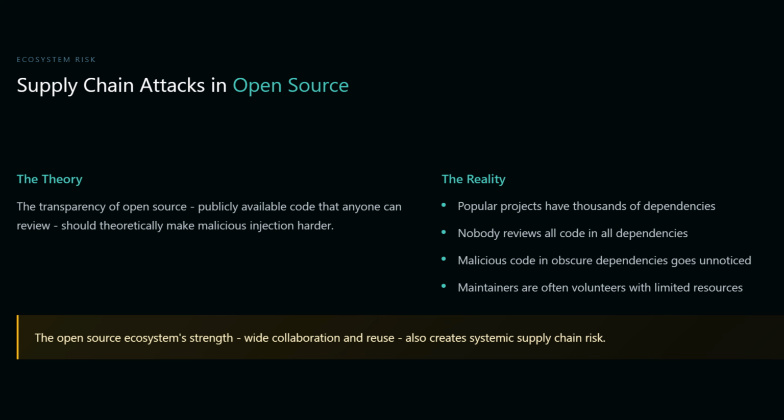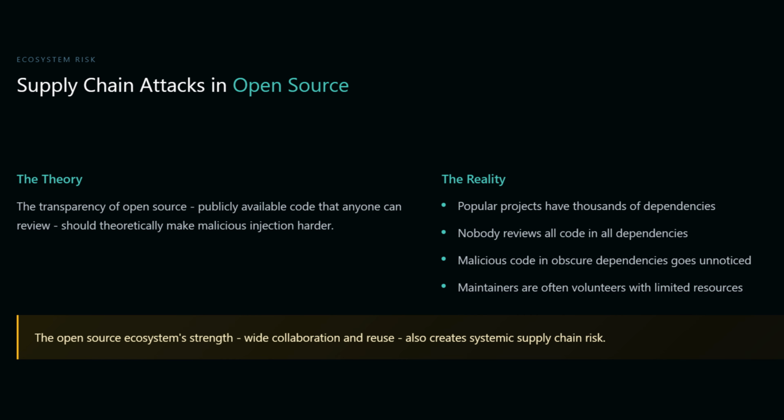Nobody reviews all the code in all those dependencies, separately perhaps, but malicious code hidden in obscure dependencies often goes unnoticed. Open source maintainers are often volunteers with limited time and resources. They may lack sophisticated security practices. They're attractive targets precisely because compromising them affects so many downstream users.